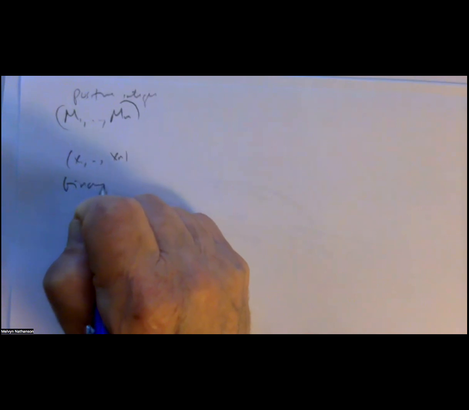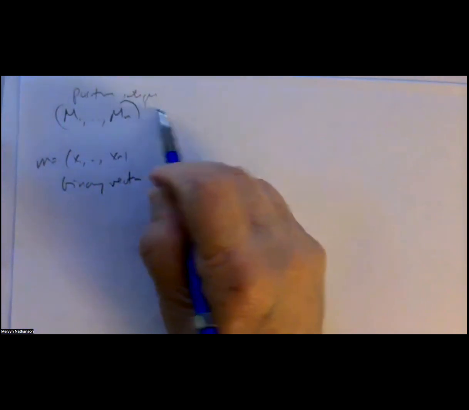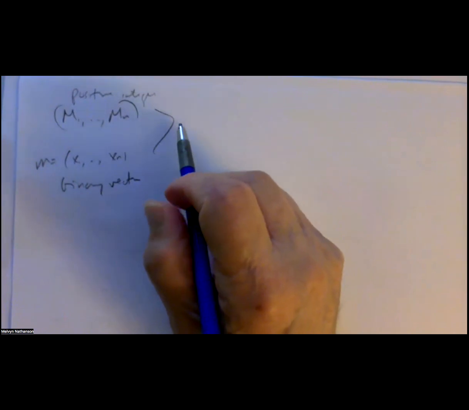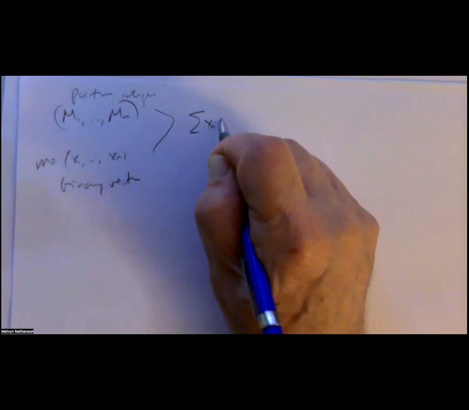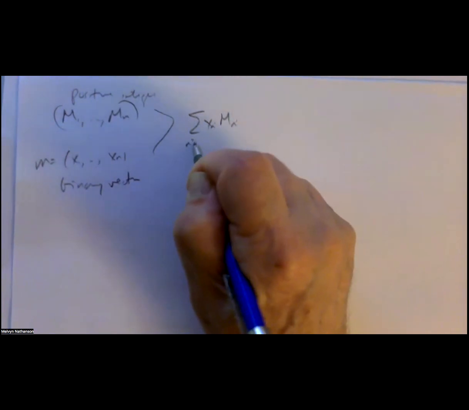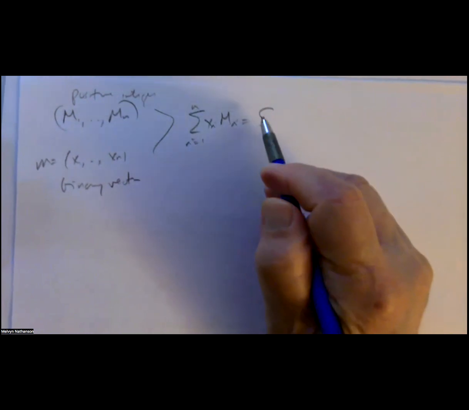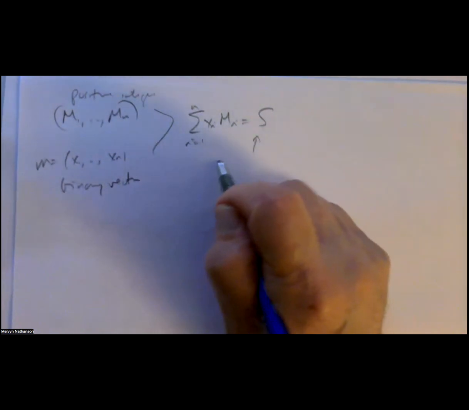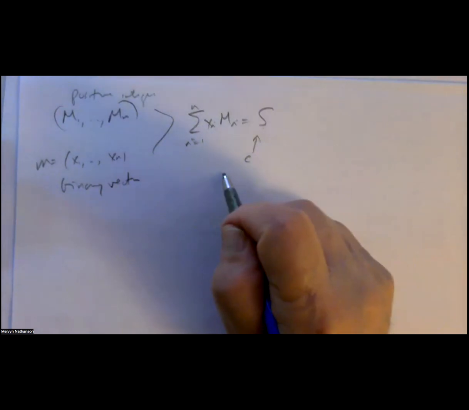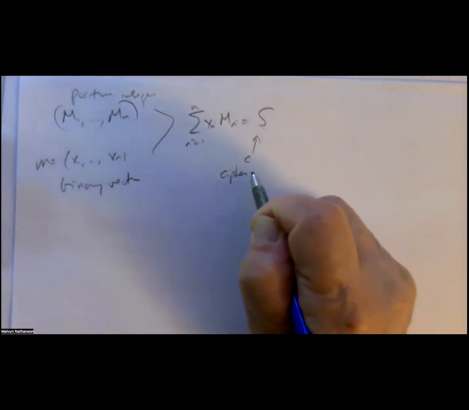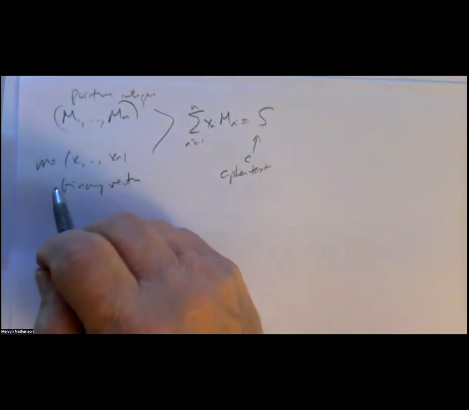This is a binary vector. This is our plain text. And from this, we create the subset sum, summation xi m sub i. This is a number s. This is C. This is our ciphertext. This is the plain text.